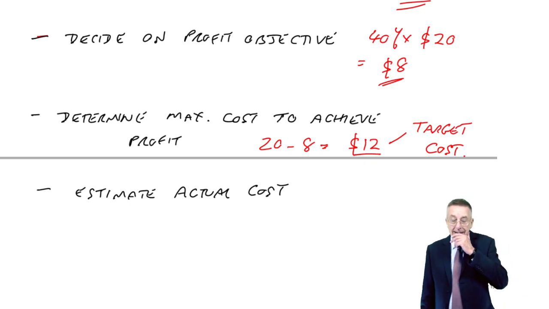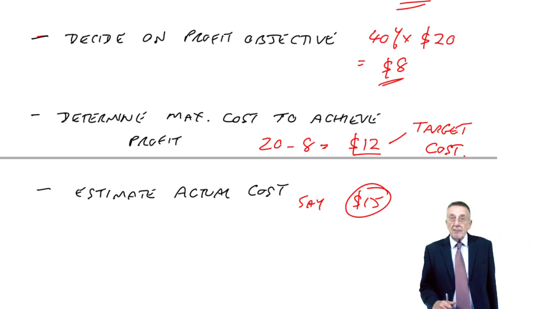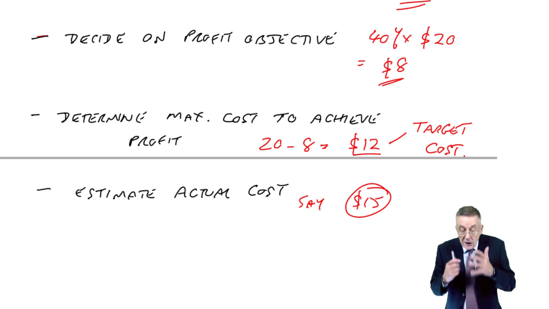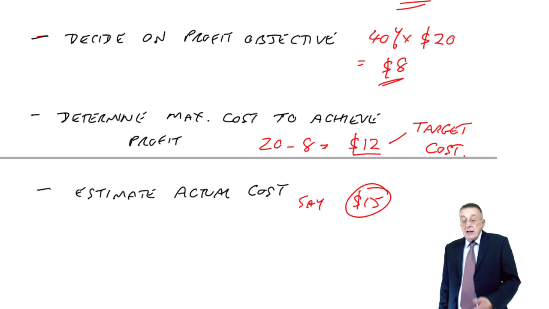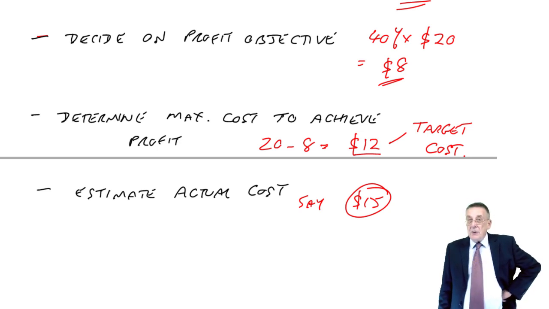We can go ahead, we'll make the profit we want, no problem. But suppose it's higher. Suppose I estimate the actual cost, and suppose I get $15. And I invented a figure just to explain how we use target costing. So I reckon it's going to cost 15. Well, what are we going to do?